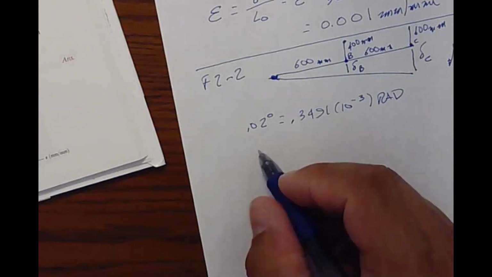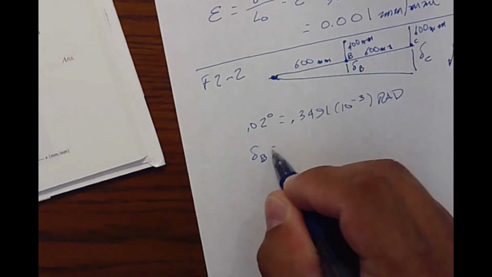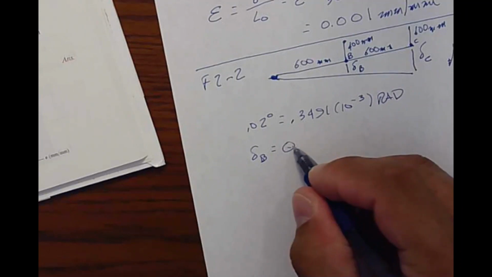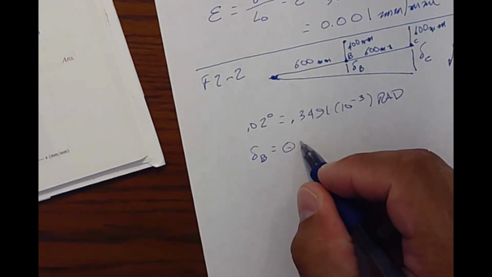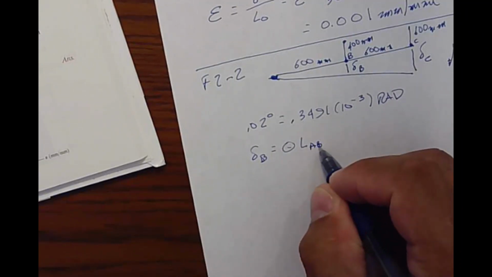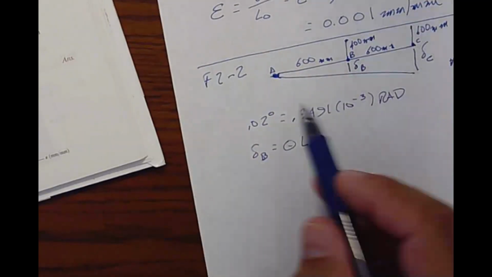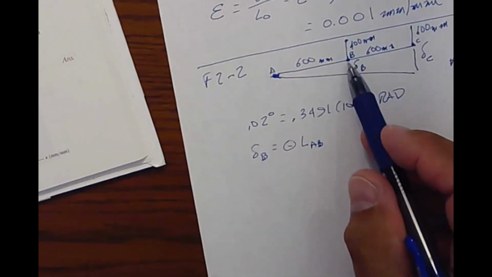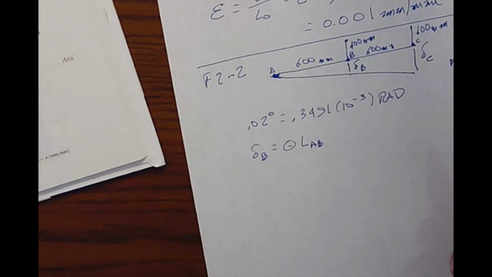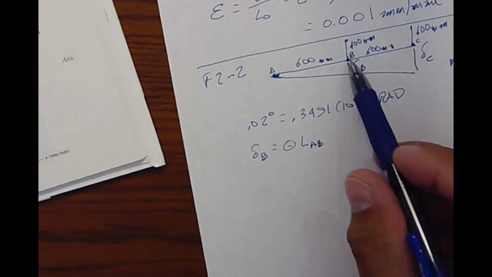Okay, so now we know that we have the angle, so we can say that delta B is just equal to theta times LAB. This is A. So this distance times that angle is just going to give us that distance, right?